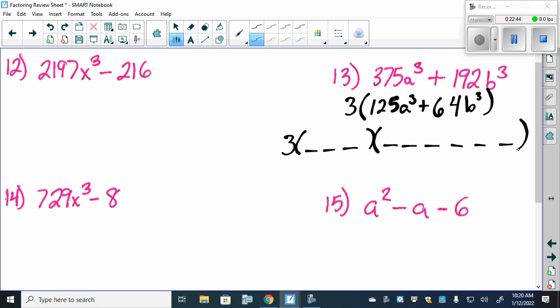And the reason I know that works is we've had 125 and 64 appear a lot over this last week. Now, since the sign starts out as plus, our first one is going to be the same, so it would be plus, and then negative and plus.